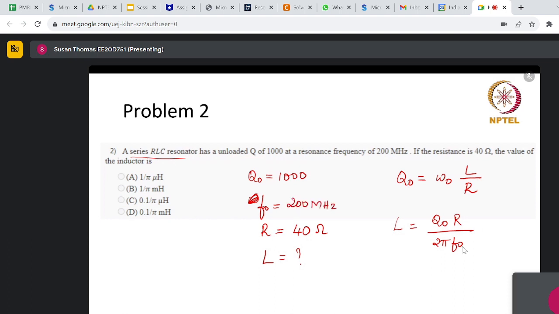Option D. Oh, option D. Yeah, right. You are right.